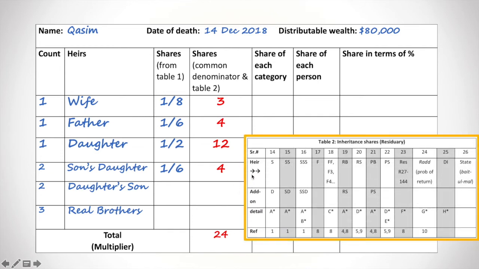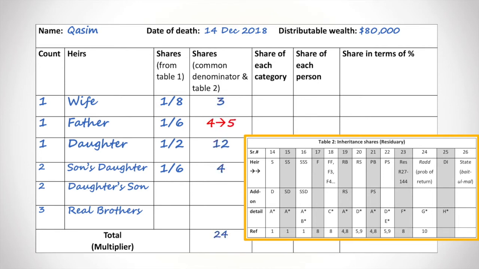We move from left to right, and we do not find son, but we find father. So that one remaining part will go back to the father again, because father initially got a share as Zawil Furud, and now he's going to get share as Asba.